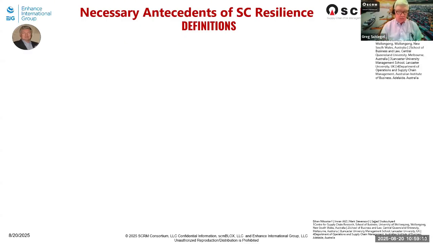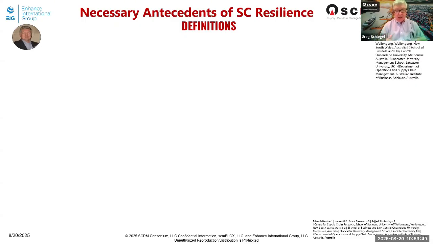Before we get into the definitions, these folks did a literature search resulting in this observation. They said, a lot of research out there has identified a range of what we call antecedents that foster supply chain resilience, but without distinguishing between those that are sufficient and those that are necessary. We use those terms in theory of constraints as well.